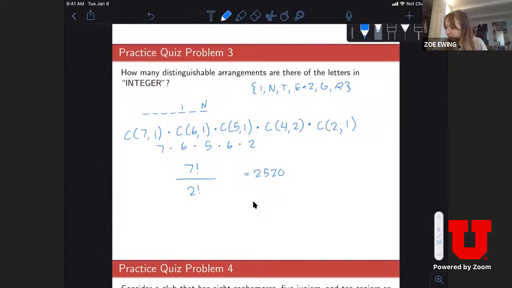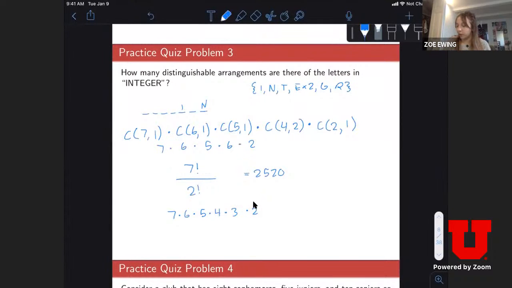Let me double check that. 7 times 6 times 5 times 6 times 2. Yeah, okay. So the factorial comes out to 7 times 6 times 5 times 4 times 3. Okay, let's see. I'm going to write that differently because that doesn't look the same as 7 times 6 times 5 times 4 times 3. Okay, so the reason that we divide it by that 2 factorial, because usually we'd have times 2.